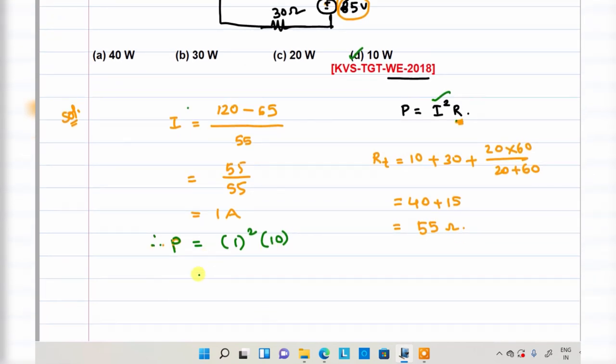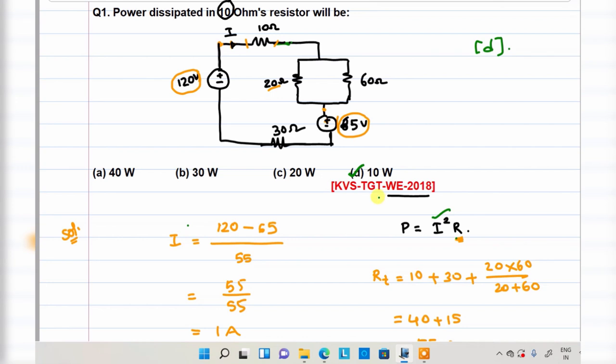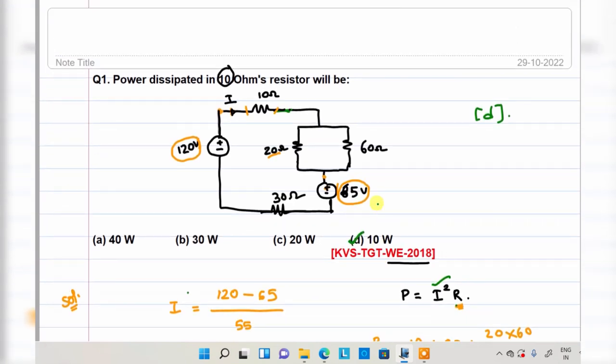That will be equivalent to 10 watts. So look at the options. Here option D is the correct option, 10 watts. Clear? This is the way you need to find the solution. It is very simple once you know the basic idea about circuits, series and parallel combination.